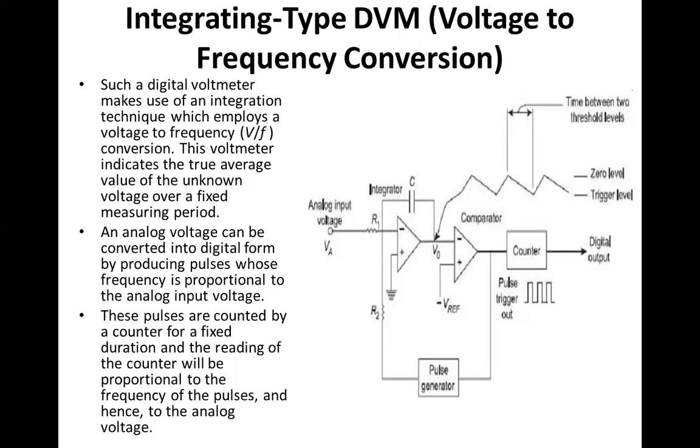The accuracy of this method is comparable with the ramp type ADC and is limited by the stability of the integrator time constant and the stability and accuracy of the comparator. This DVM has the drawback that it needs excellent linearity of the ramp. The AC noise and supply noise are averaged out.